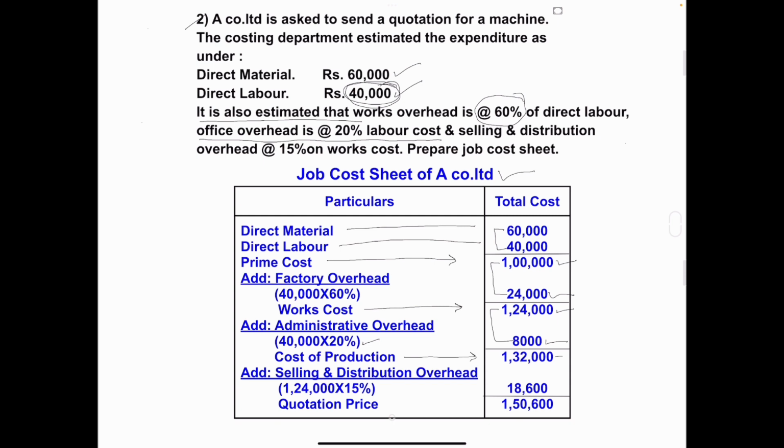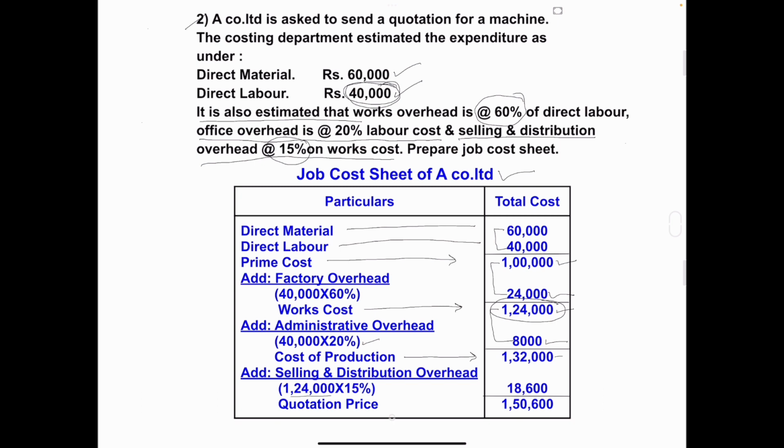Add selling and distribution overhead. See the problem. Selling and distribution overhead at 15% of works cost. So whatever the works cost amount is there, of that 15% we have to charge as selling and distribution overhead. Write in the bracket. So works cost amount is how much? 1,24,000.